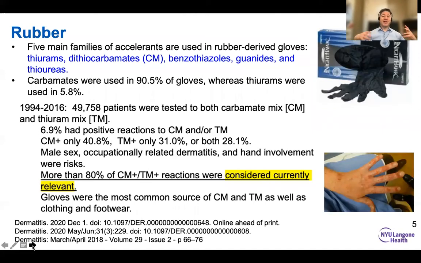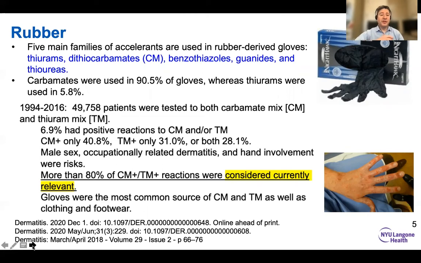So when we talk about accelerators, what do we mean? What does that term even translate to? Most rubber is made either from natural latex rubber or synthetic monomers that need accelerators to quicken the polymerization and create rubber. And those accelerators are thiurams, carbamates, benzothiazoles, guanidines, which often co-opt with carbamates, and thioureas.